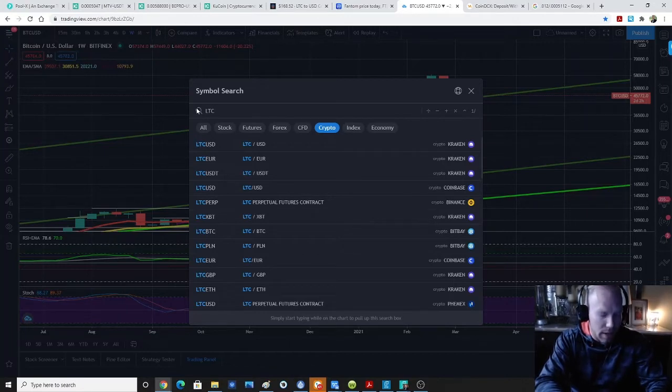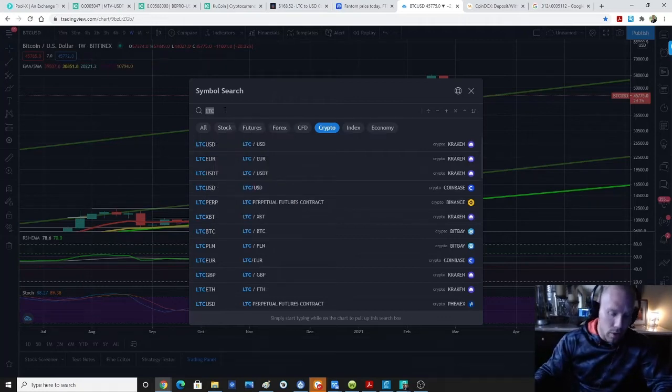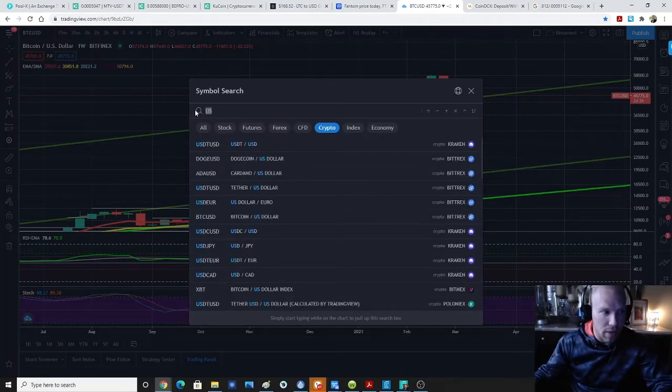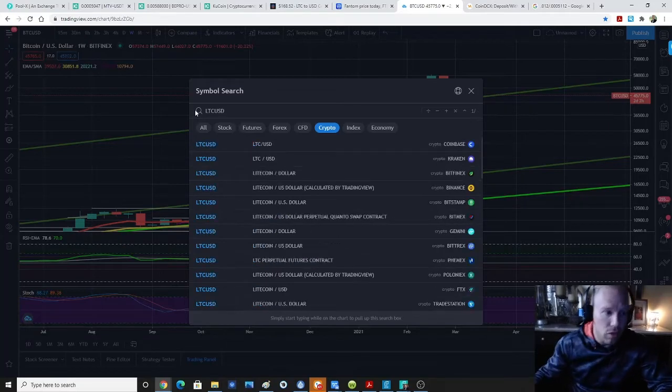I calculated it the other day. It's 55, 60 cents, and it takes on average 12 minutes. I've literally stopwatched it over and over and took an average. It takes about 12 minutes to get approved so you can actually sell it on the other exchange, like from Coinbase to KuCoin. So anyway, that's why I think it's important, at least for me, to look at Litecoin.